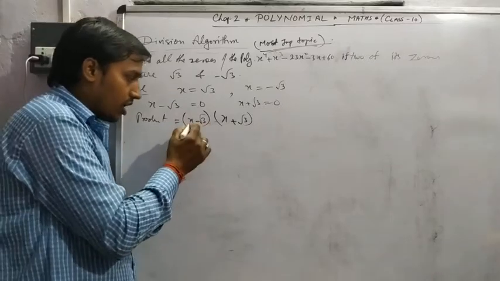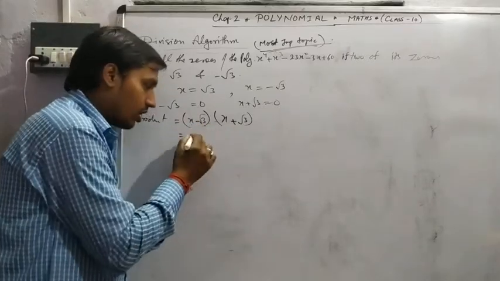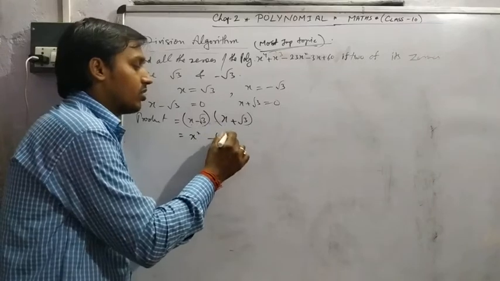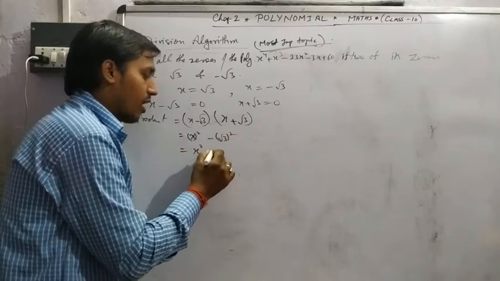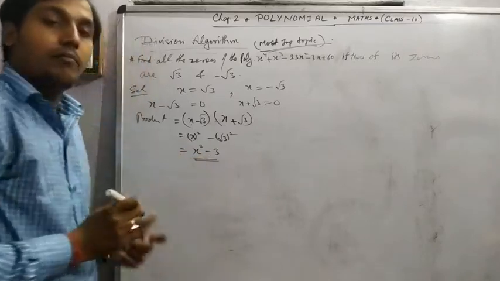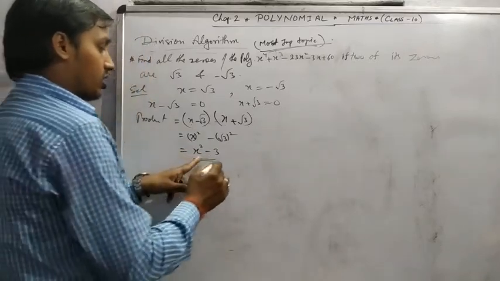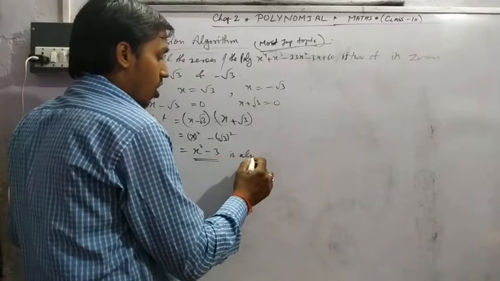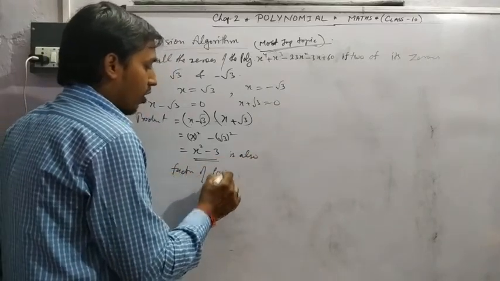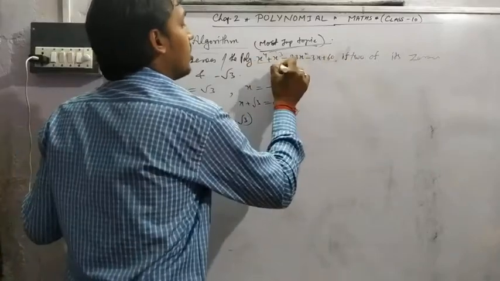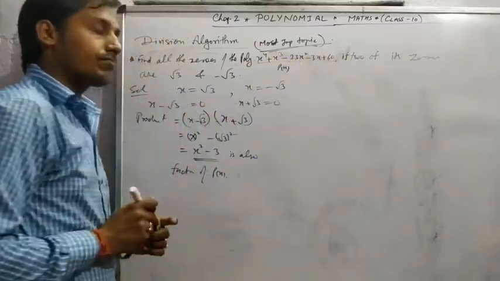What's the product? a minus b, a plus b, a square minus b square. So you get x square minus 3, which means x square minus 3 is also a factor of p of x. Suppose that is the p of x.